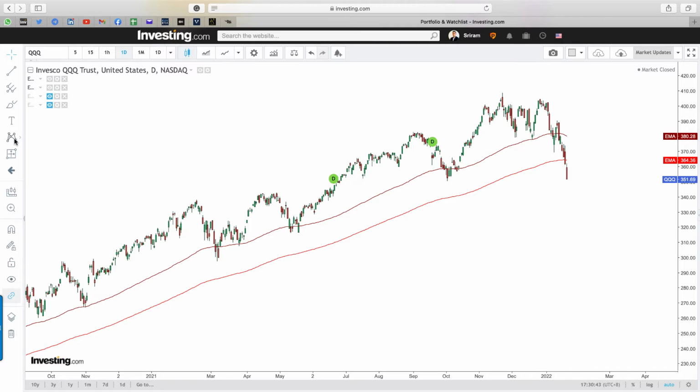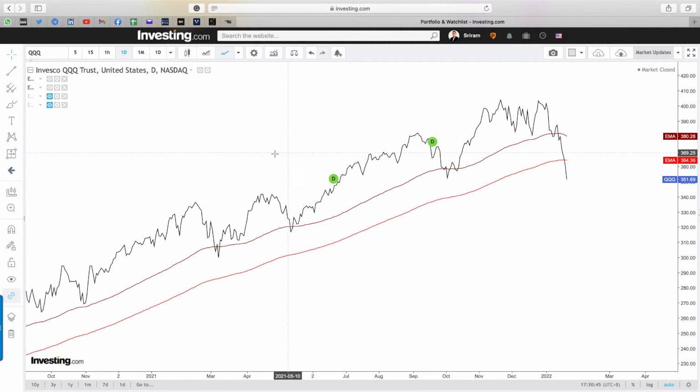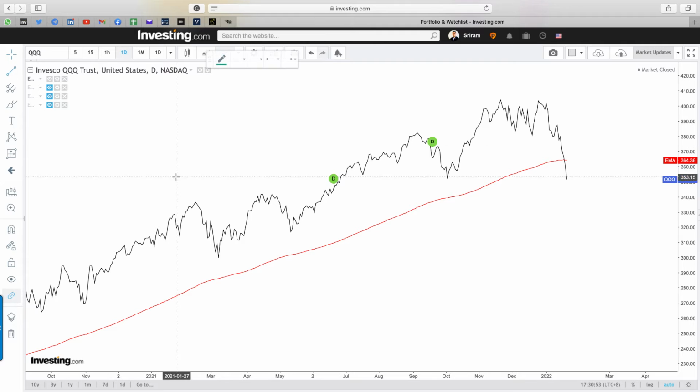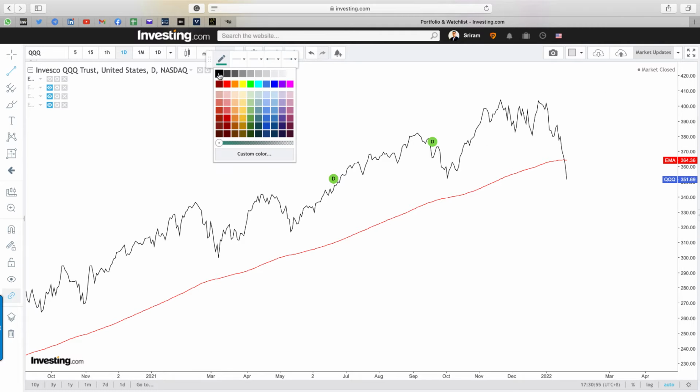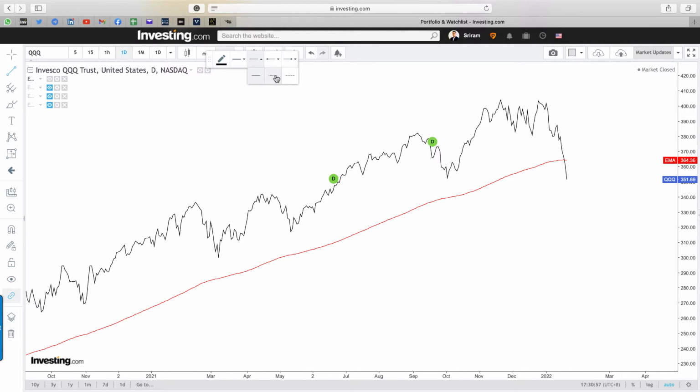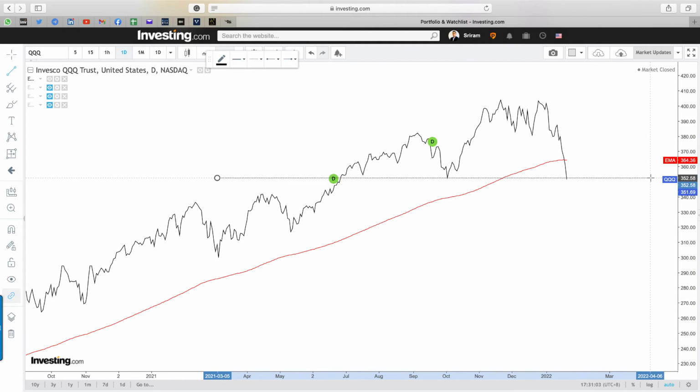Let's shift it back to line, that makes life simple. And let's remove the 100-day because it's not of much significance. Now let's look at the key support here. This looks like a support. It should bounce back.